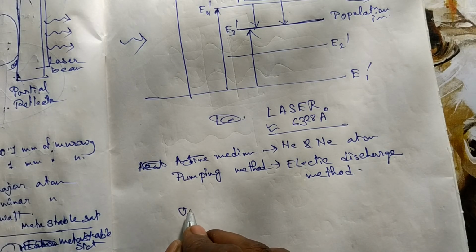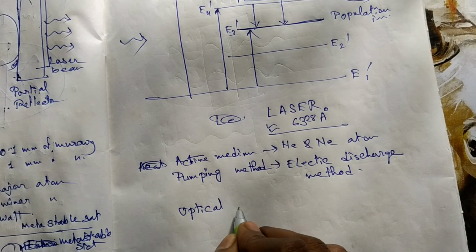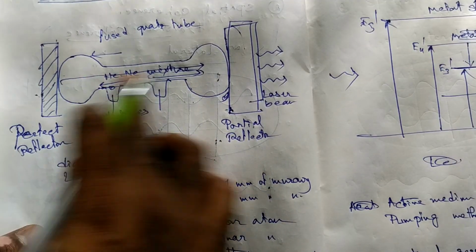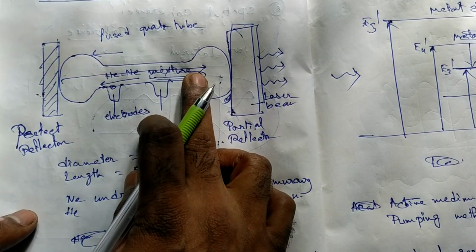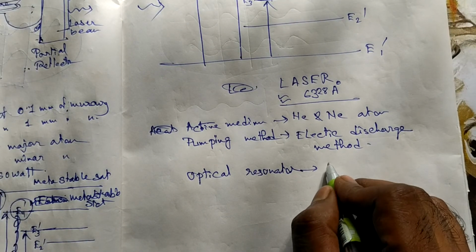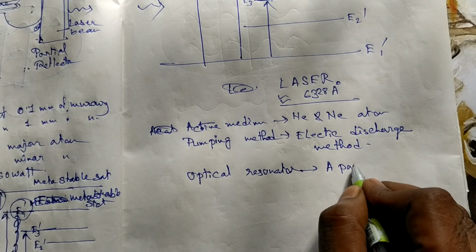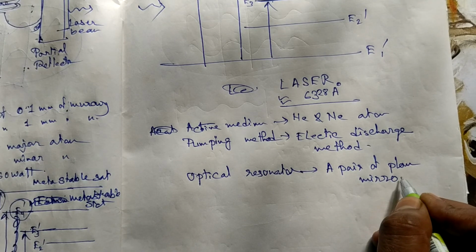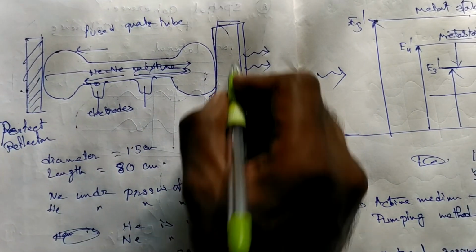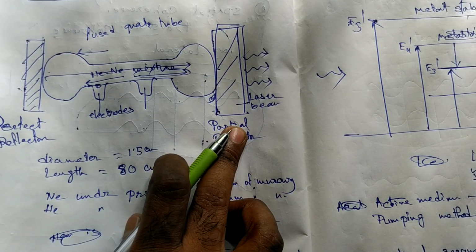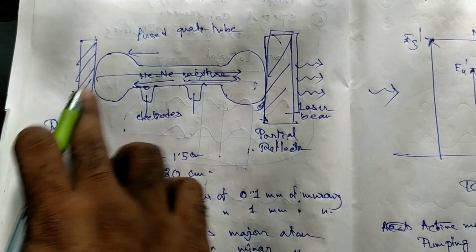What is the optical resonator? When the light reflects from one surface to another surface, this process is known as reflection. We already know. So what is the optical resonator? A pair of plane mirrors. We use two mirrors here: one is a perfectly reflecting mirror, another is a partially reflecting mirror.